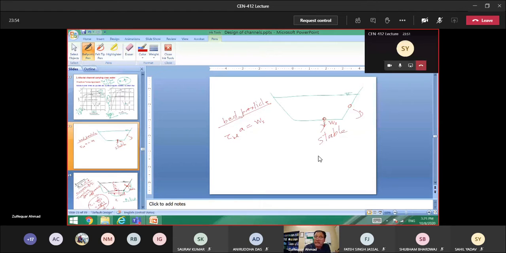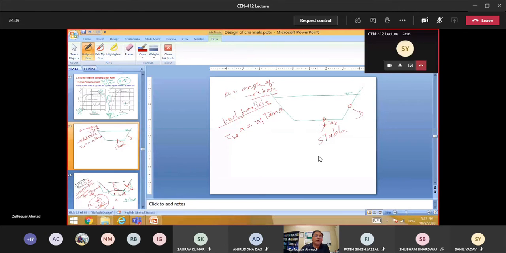I'm writing tan theta, and theta in this case is the angle of repose. So this is for the sediment particles on the bed.